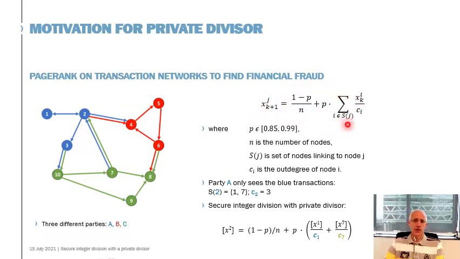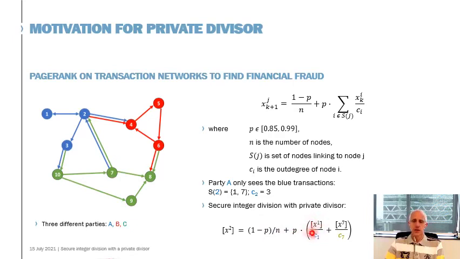This is a formula for that, and if you zoom in, for example, on the PageRank value of node 2, so assume you want to compute the secret shared next iterated value of the second node, it's some public value with some public constant, but here is a private division.